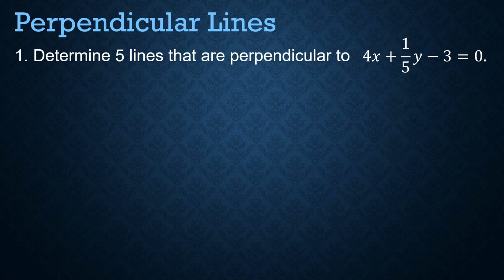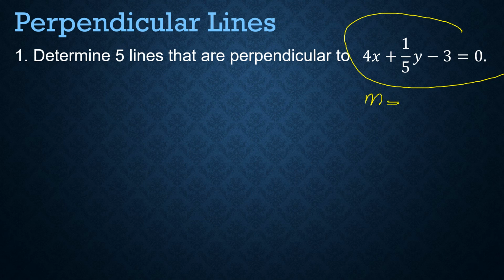So on the next problem, we're going to determine 5 lines that are perpendicular to 4x plus 1/5 y minus 3 is equal to 0. So in here, we're going to find the slope first of 4x plus 1/5 y minus 3.